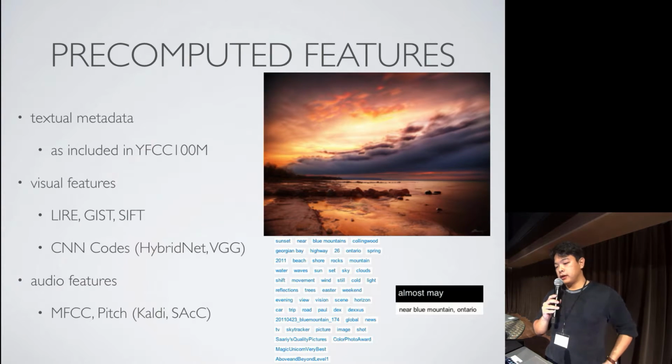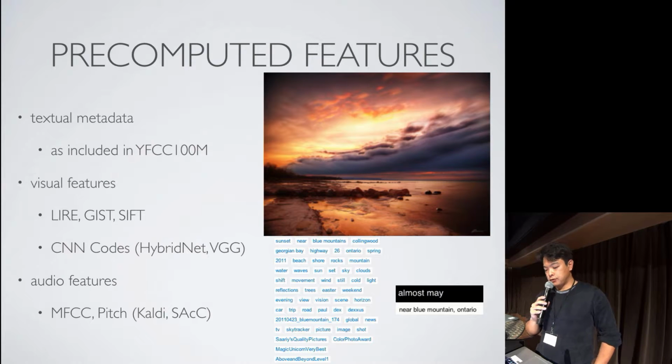We also provided textual metadata as included in the YFCC100M, visual features, and some of the features that we provided in the past. We also added CNN codes, which were contributed by the community, and also the audio features.